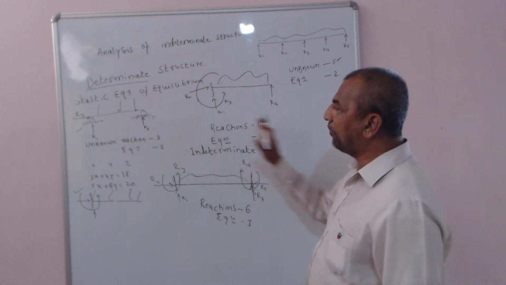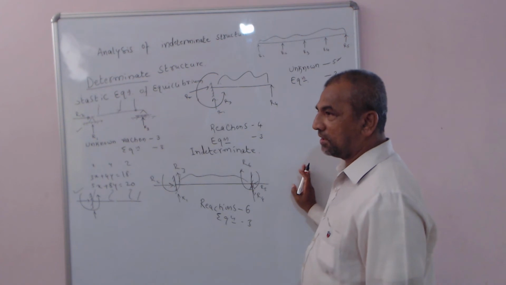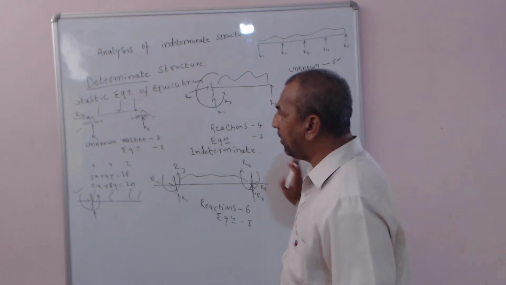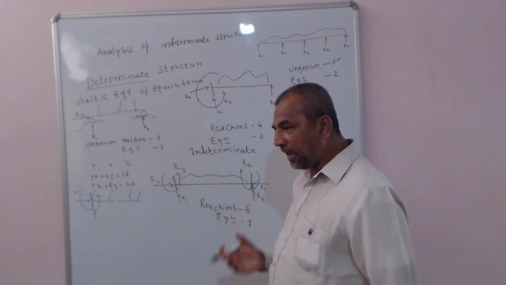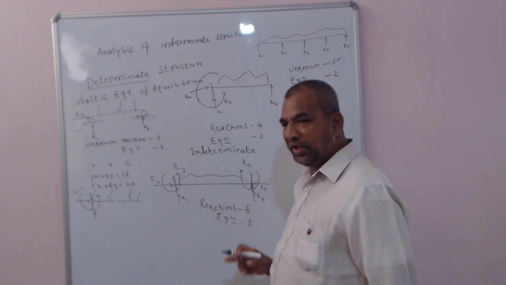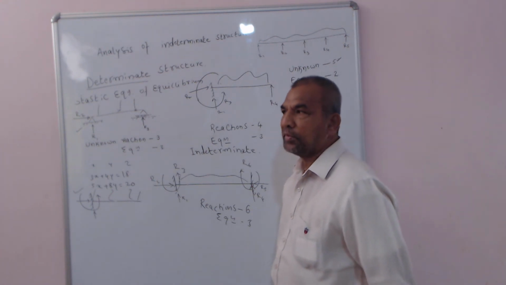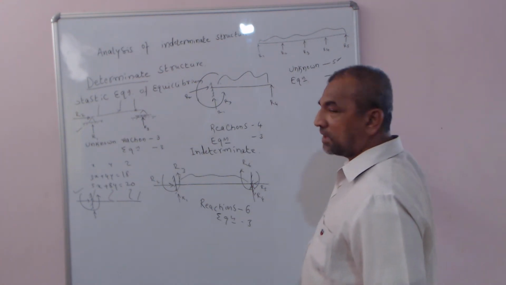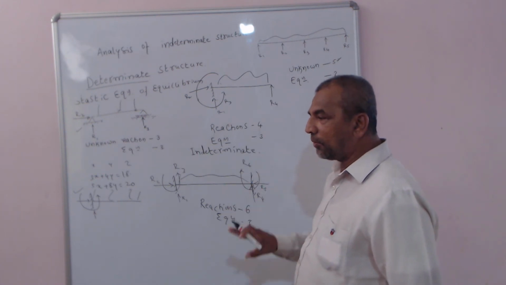So how can I differentiate between the determinate and indeterminate structure? The basic definition of a determinate structure is that the structure can be analyzed by using the static equations of equilibrium only. And an indeterminate structure cannot be analyzed. What is the meaning of cannot be analyzed here?